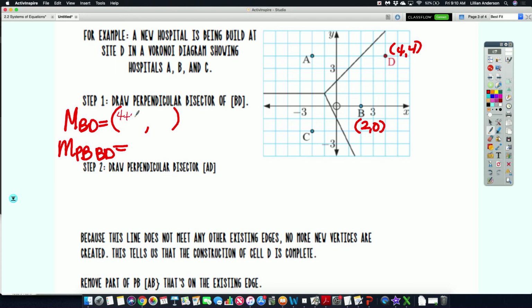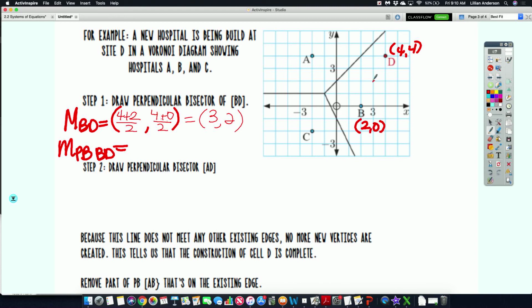Very good. 4 plus 2 is 6, divided by 2 is 3. 4 plus 0 is 4, divided by 2 is 2. So there's your midpoint at 3, 2.